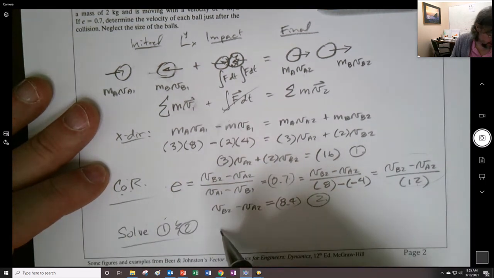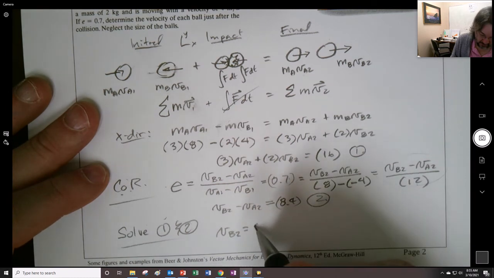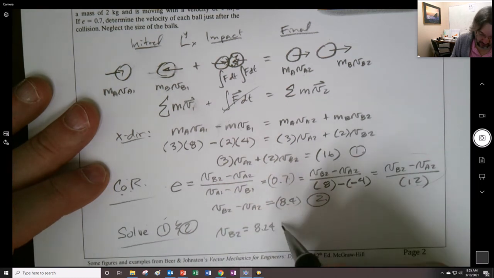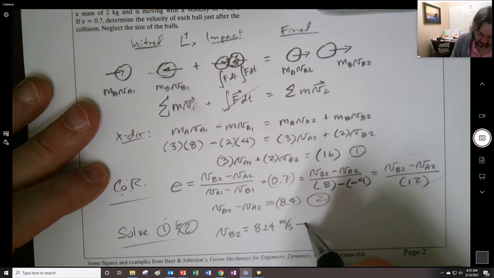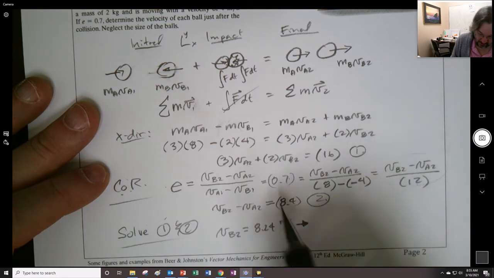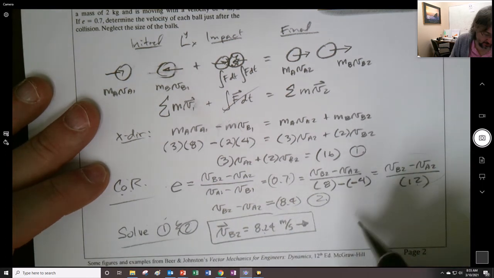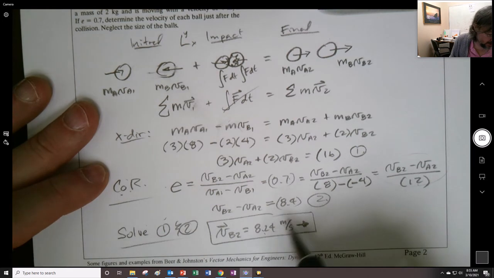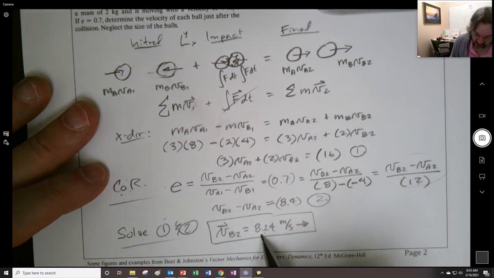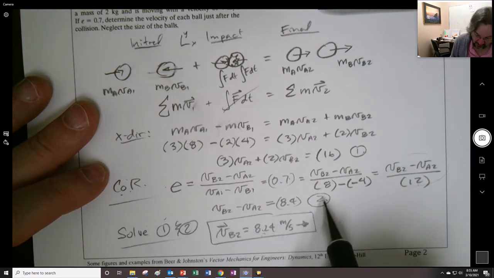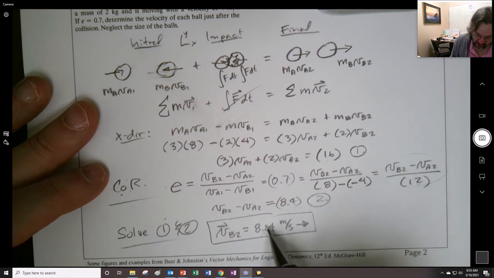And what we're left with is vB2 is going to be 8.24 meters per second. So it really took off right there. And this is a vector because we gave it magnitude and direction right here. When we plug this back into really either of these equations, we're going to see that this thing took up most of it.